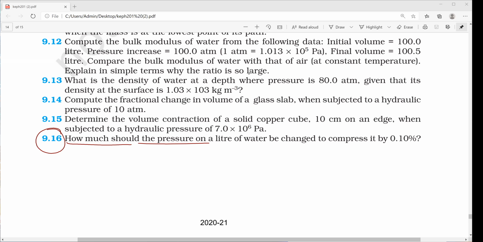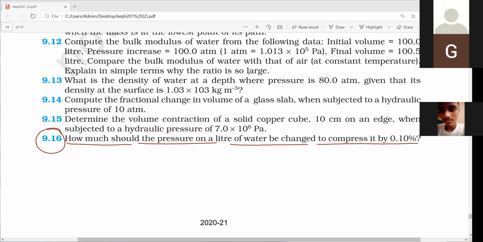So what is the question? The question is like this. See what they have given: how much should the pressure on a liter of water be changed to compress it by 0.10%?